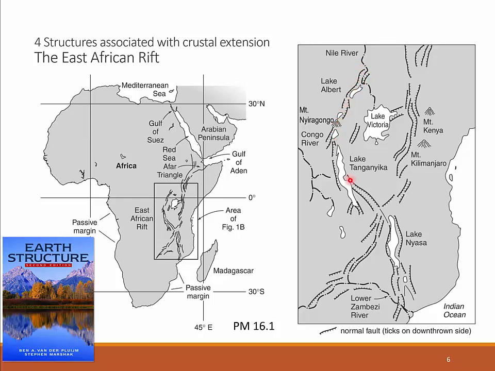There is very significant volcanic activity in the central part of the Eastern Rift. Mount Kilimanjaro, Mount Kenya and Mount Nyiragongo in DRC are the most prominent and active volcanoes.